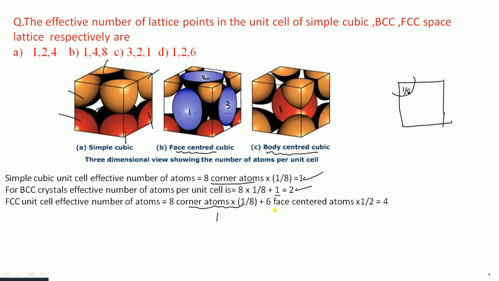Therefore 6 face centered atoms covering half of the volume. So this is equal to 3. So 1 plus 3 is equal to 4. So the effective number is 4 for the face centered cubic. Therefore the option 1 2 4 is the correct option, that is option number A.